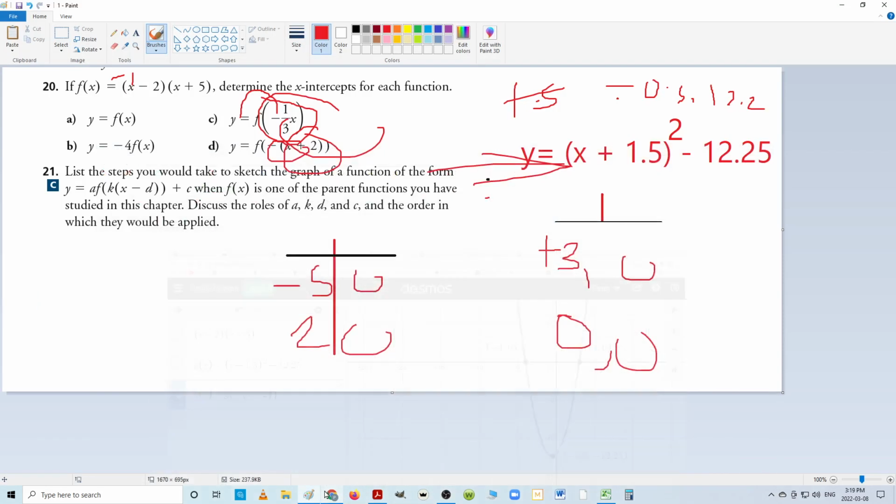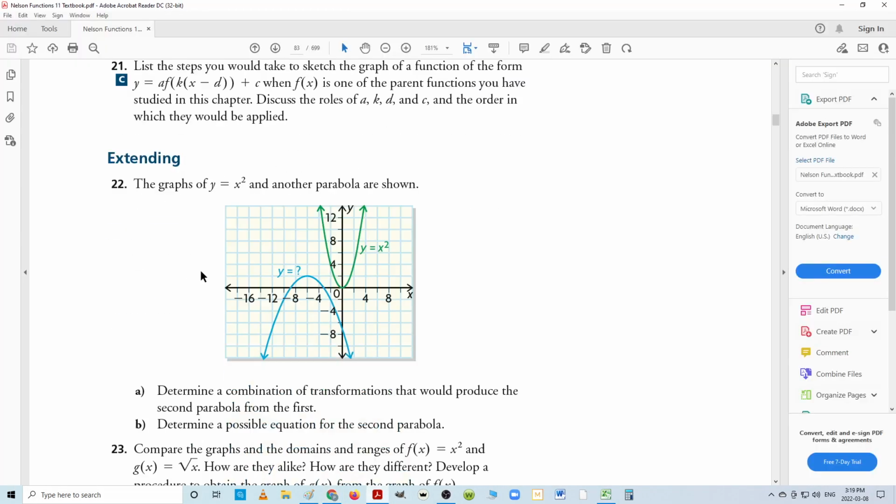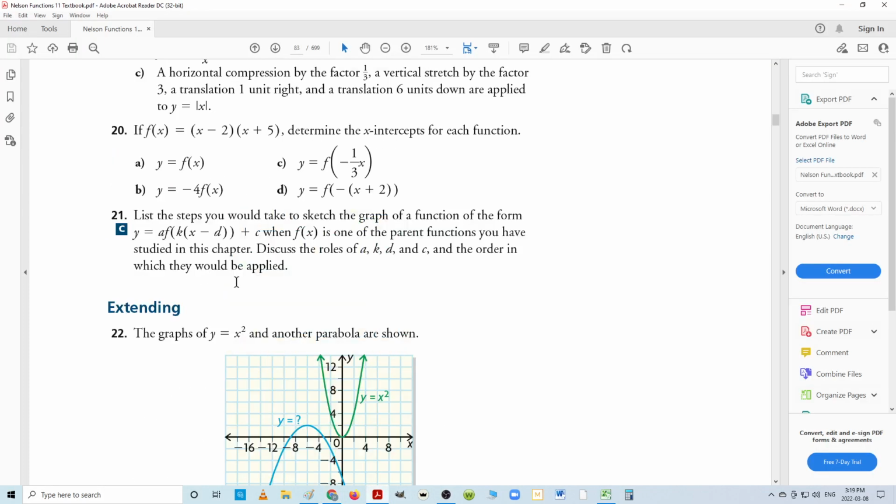Actually, I got that one wrong. I added 2 instead of subtracting 2 because I'm getting tired. So I added 2 to the -2 instead of subtracting. That should be -4. It should have been subtracting 2. But I got everything else right. So you can see as you get tired, it gets worse.